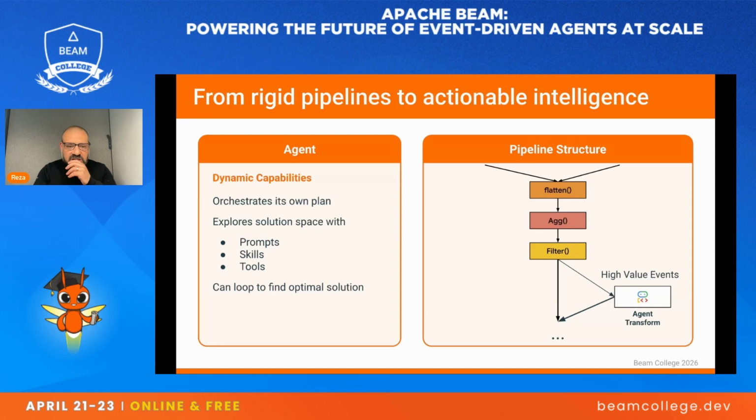Now, you'll note that I have an arrow from a filter in this pipeline structure. So why are we filtering, and why are we only sending some values to the agent and not all values to the agent? And particularly the marking here, high value events.